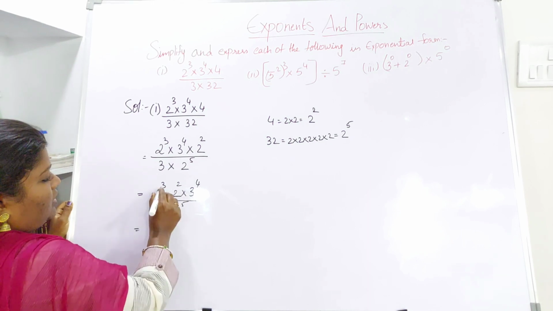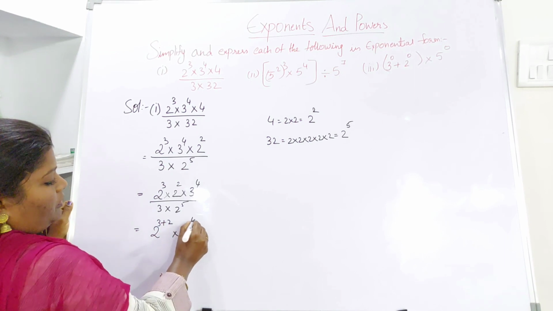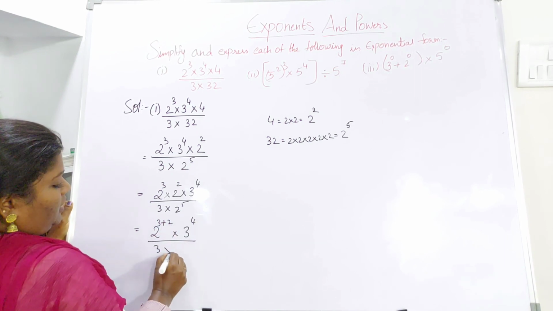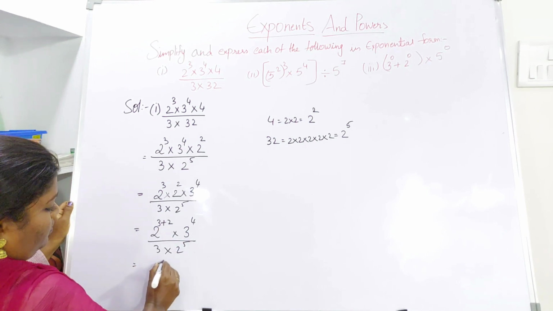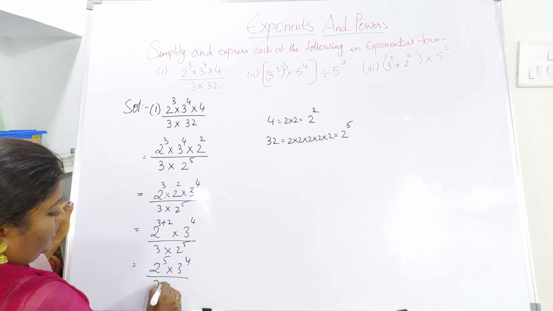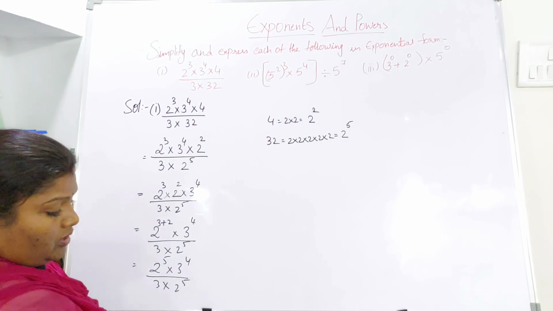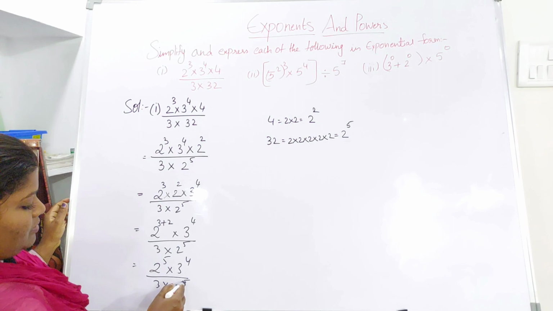So 2, 3 plus 2 into 3 to the power of 4 by 3 into 2 to the power of 5. So this is nothing but 2 to the power of 5 into 3 power 4 by 3 into 2 to the power of 5. Now you can see that in the numerator it is 2 power 5 and in denominator 2 power 5. You can simply cancel.